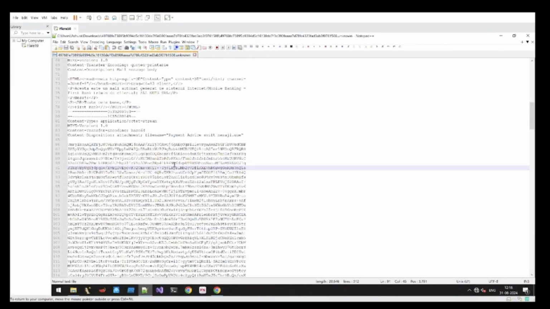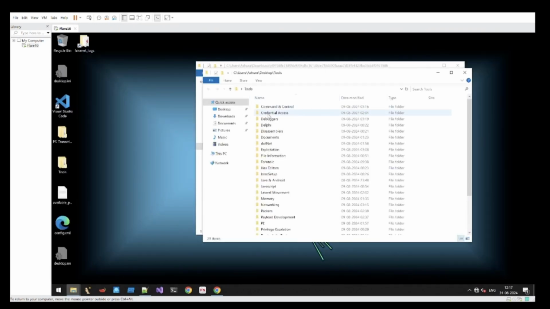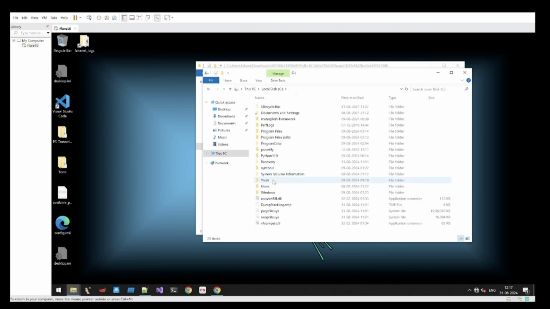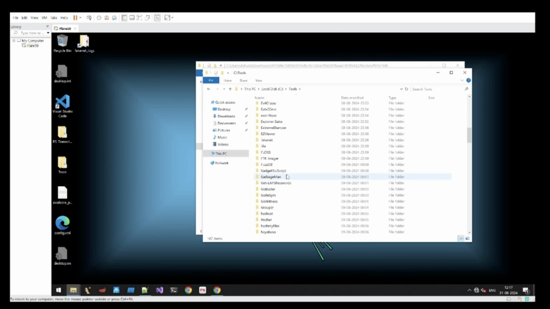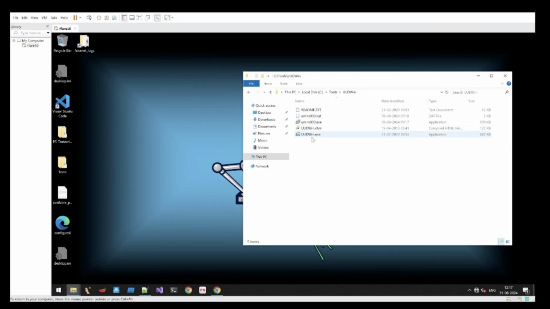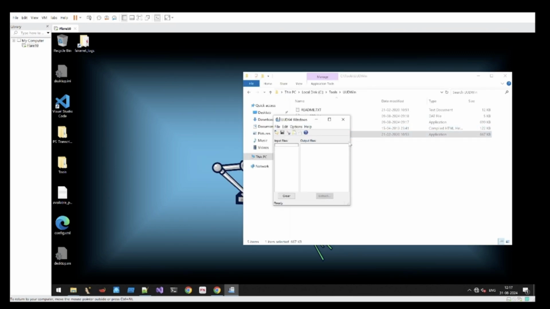Okay? And to extract that attachment from the email, there is a tool called UUDeview. So this tool is basically used to extract email attachments.